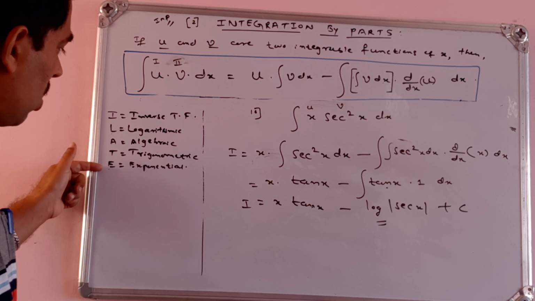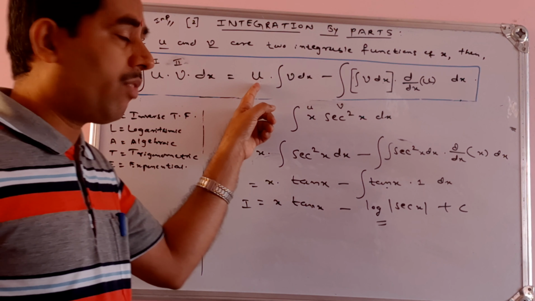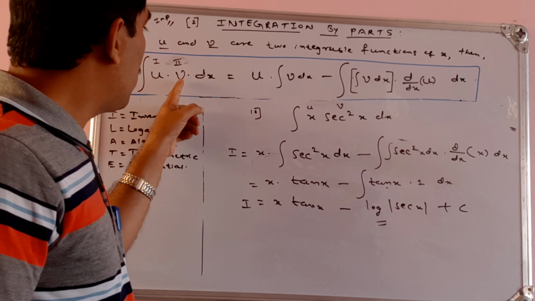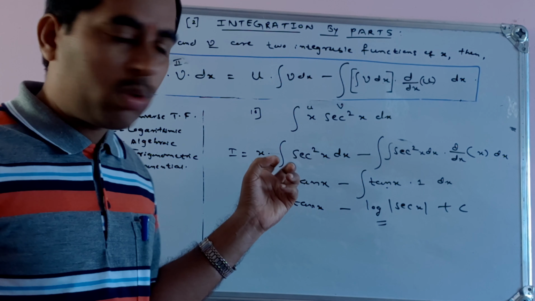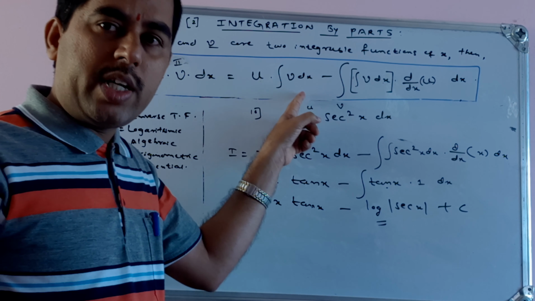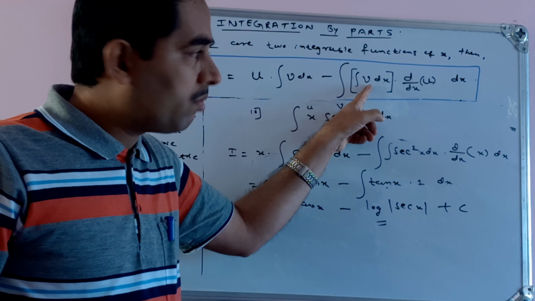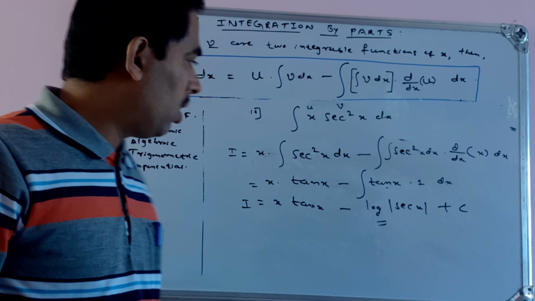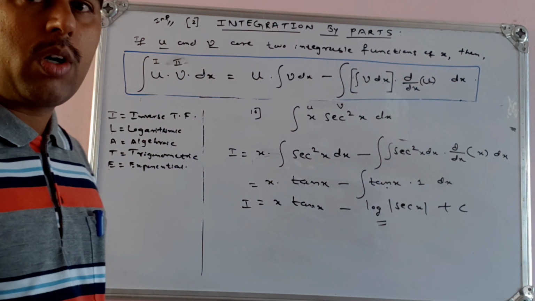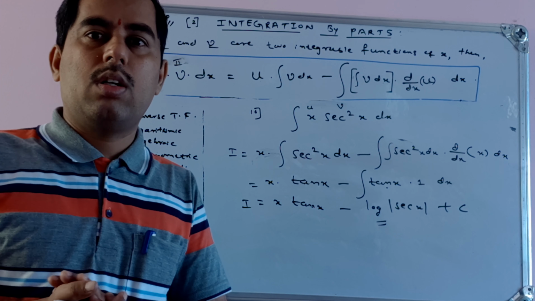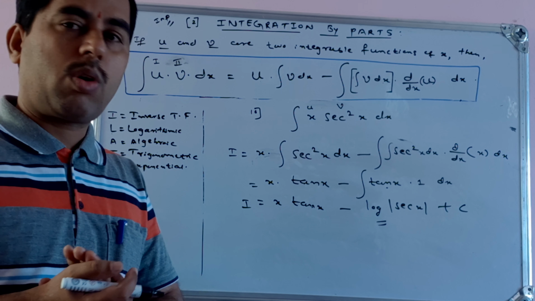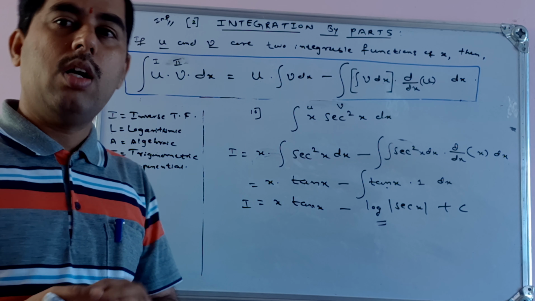Okay, according to this order or pattern, we have to select our first function. If my first function is u and second function is v, how can I integrate those two? First function into the integration of the second function minus the integral of the integrated function into the derivative of the first function. Okay, so we have worked out simple examples, 10 examples in this session. So let us work out some more examples based on this rule in the next class.